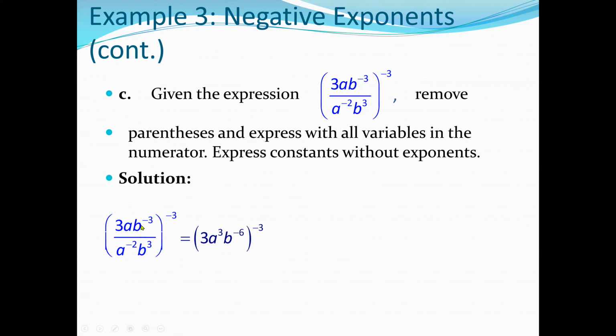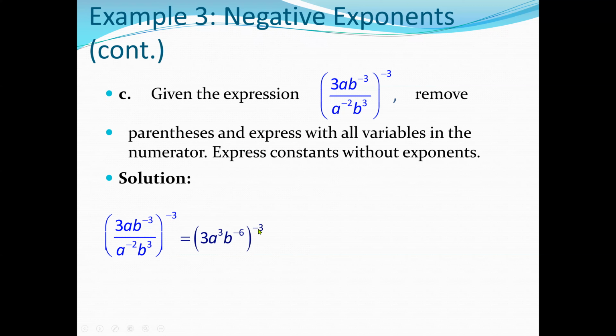Then b, we have b to the power negative 3 divided by b to the power positive 3. So that will give me, again, the 3 is positive, so minus positive 3. So negative and negative 3, we get minus 3, which will give us minus 6.